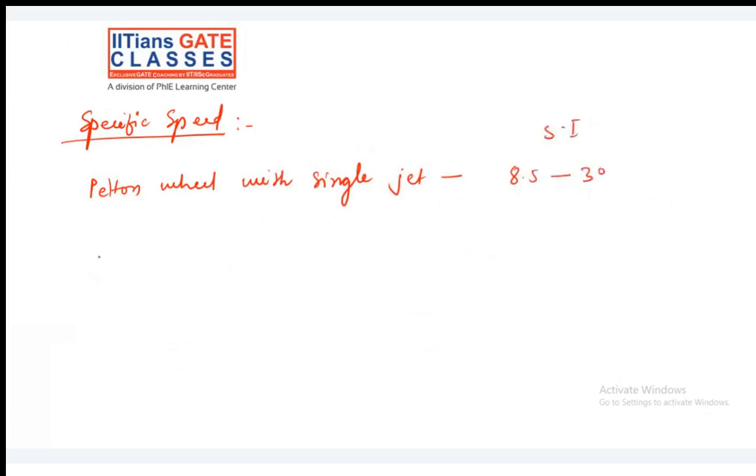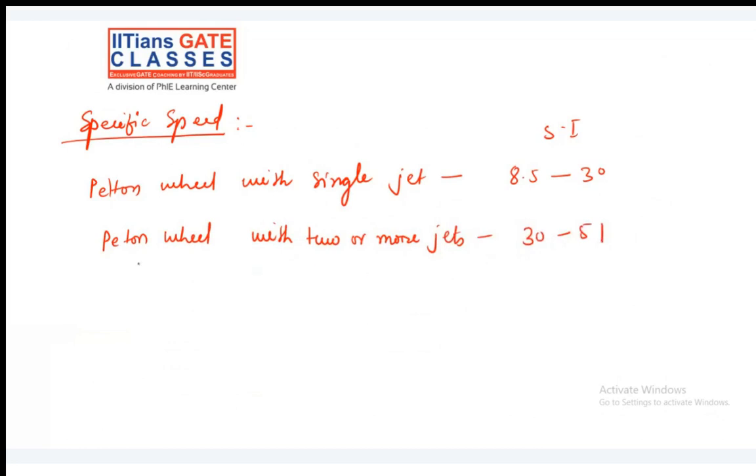Pelton wheel with two or more jets: 30 to 51.